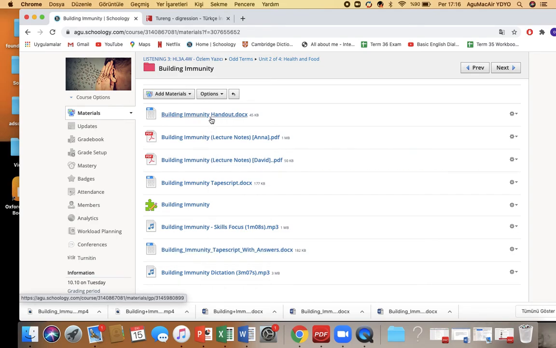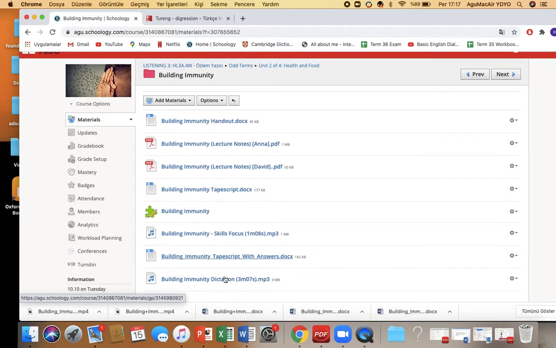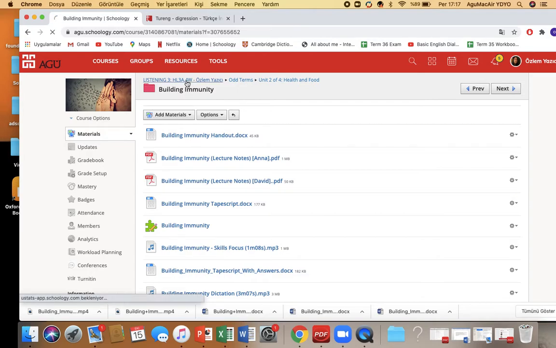So we have these important Word documents. You need to download this, especially this handout, because we have the questions and the important information about the skill. And also you need to download the audios. There are two audios here. The first one is the skill focus audio and the other one is the dictation one, but the most important one is missing here, so you need to get back to the main page.